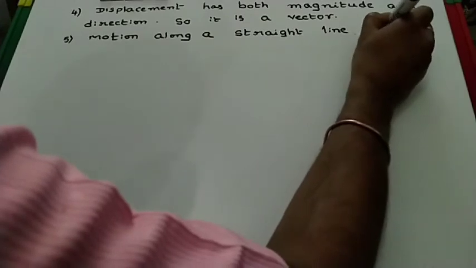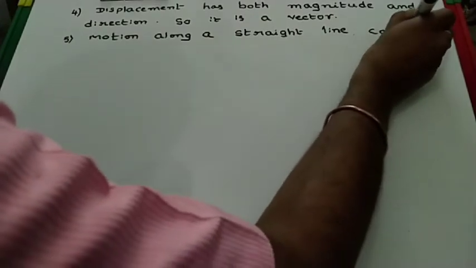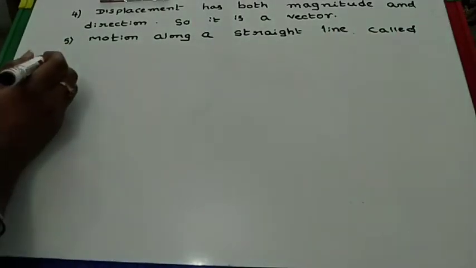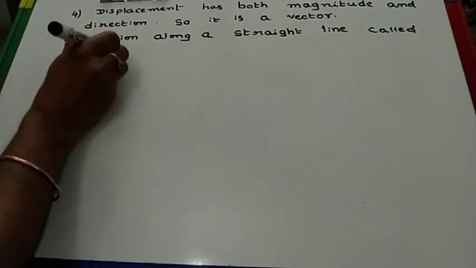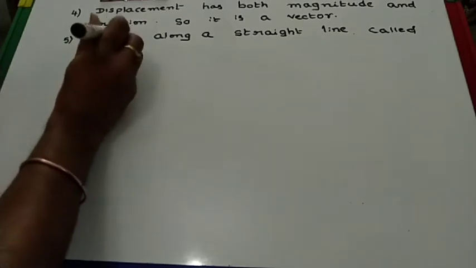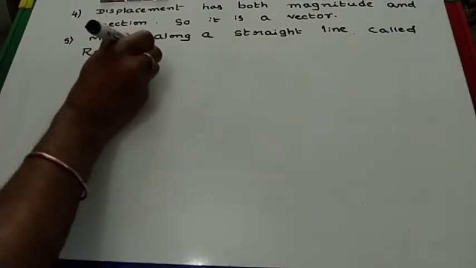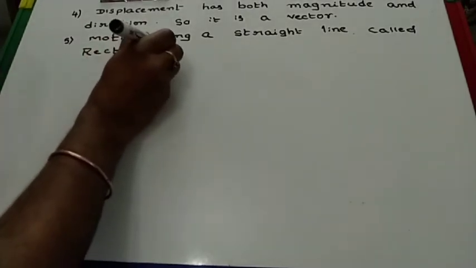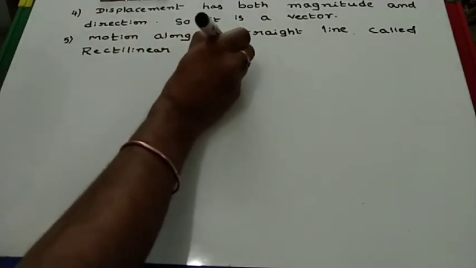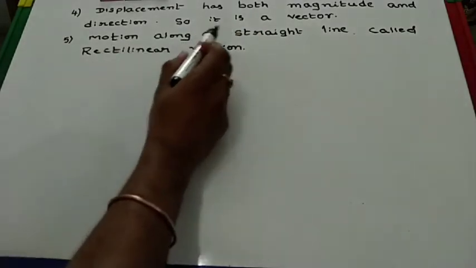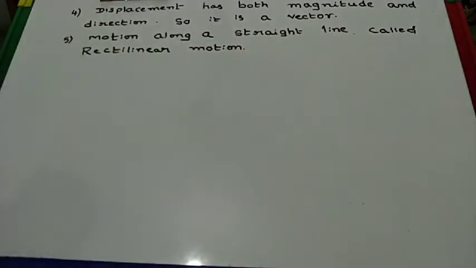Motion along a straight line is called rectilinear motion. Once again, motion along a straight line is called rectilinear motion.